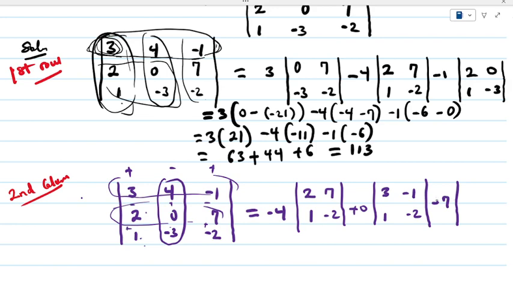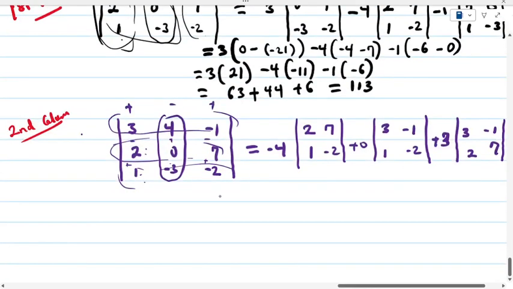So I'm going to have plus 3. If I cover this last row, I'm going to have 3, 2, minus 1, and then 7. So here I'm using the second column instead of a row. So minus 4, and let's see what the result will give.